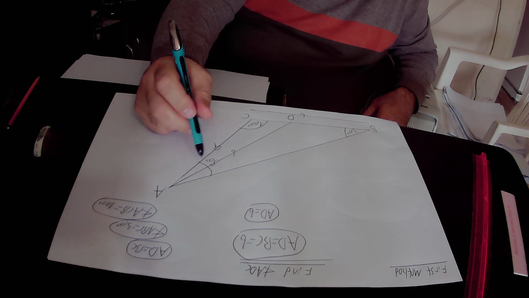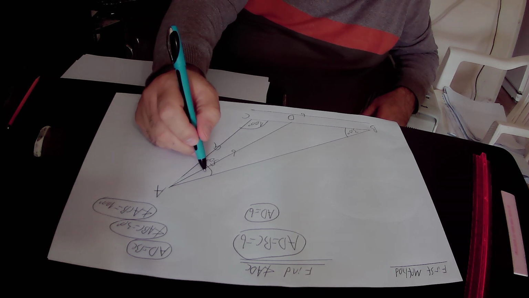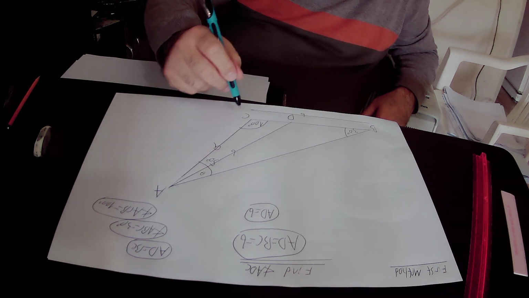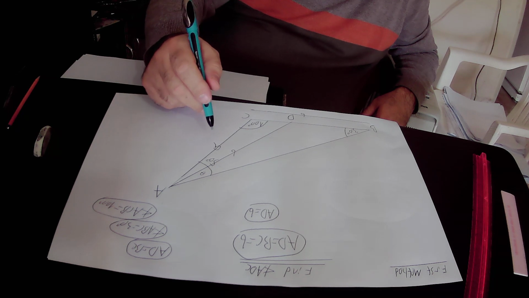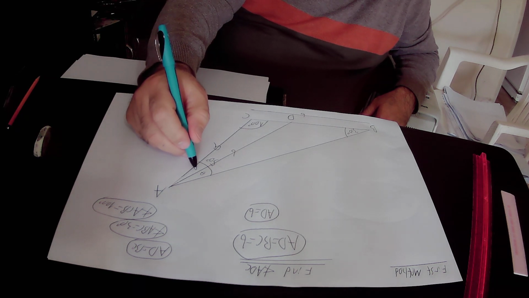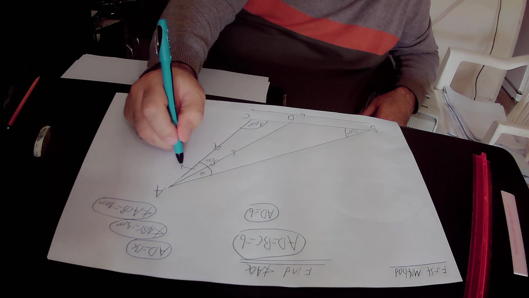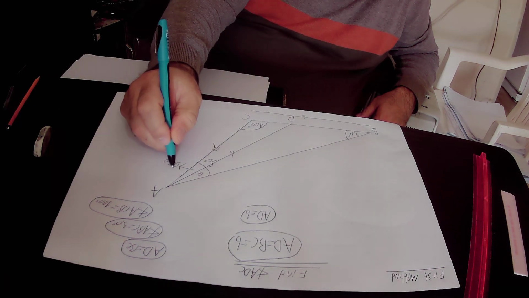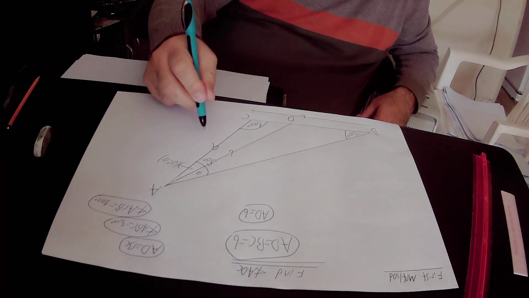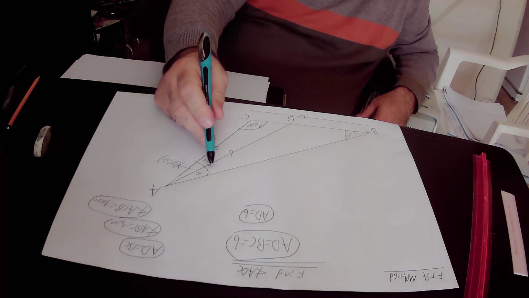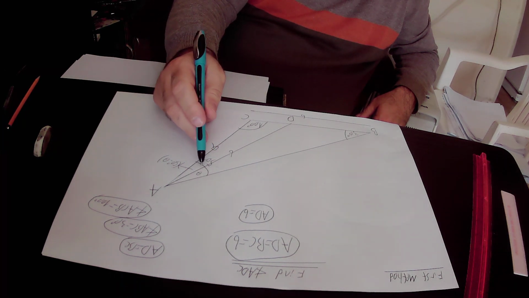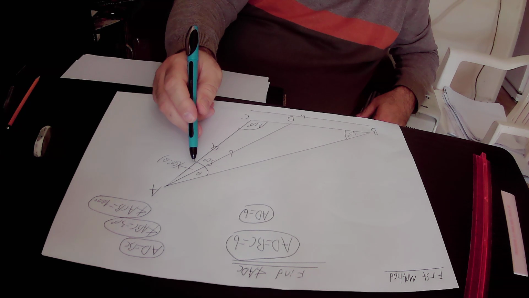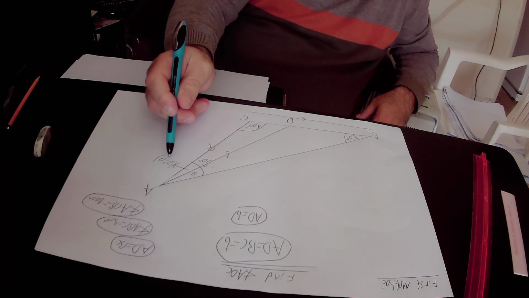So if we define angle BAD as theta, then angle DAC will be equal to 50 degrees minus theta. Because if you subtract from this 50 degrees angle theta, you will get angle DAC, equal to 50 degrees minus theta.